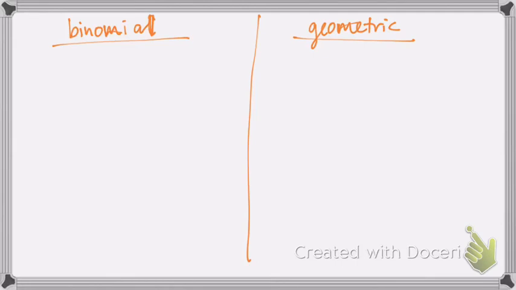Okay, for binomial, this is all in the case in which the probability of success is increasing. So you can write in the middle, as probability increases. Think about a 10% chance of something happening versus 90%. Think about the basketball scenario. You have a 10% chance of making the shot versus a 90% chance of making the shot.